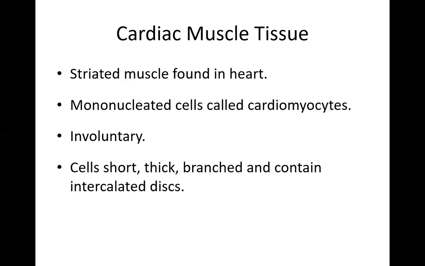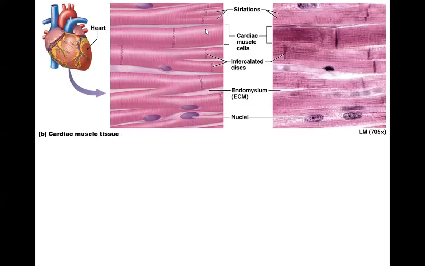It is made of mononucleated cells called cardiac myocytes. These are involuntary, and the cells are short, thick, and branched, and they contain intercalated discs. You see the striations, the cardiac muscle cells, the intercalated disc, the endomysium, and the nuclei.